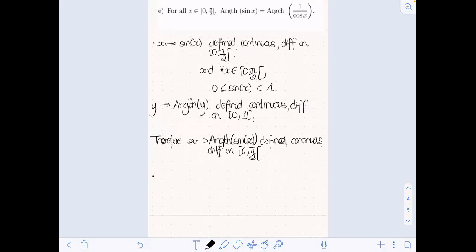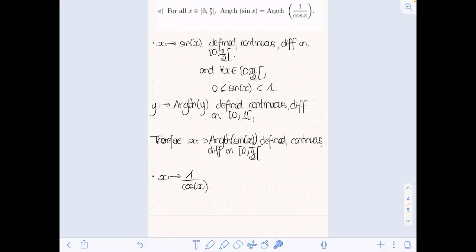And if we look at 1 over cosine of x, if you have a look at what happens on 0, π/2, this thing will be defined, continuous and differentiable in general on R, except at the places where cosine of x goes to 0.